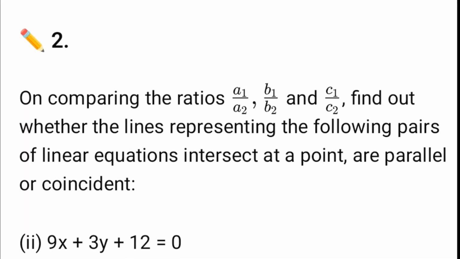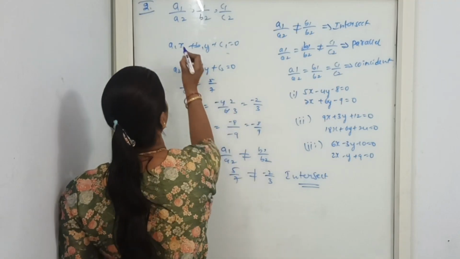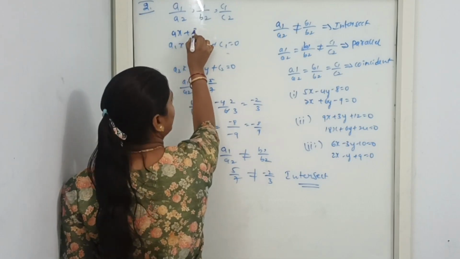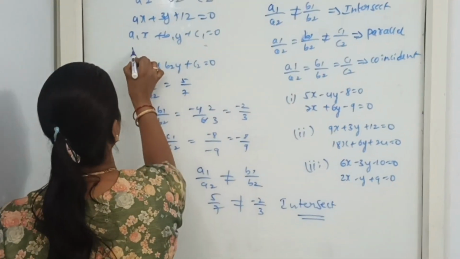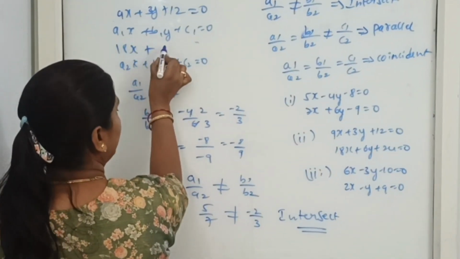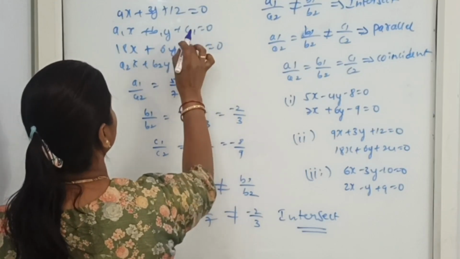The second one in this is 9x plus 3y plus 12 is equal to 0, 18x plus 6y plus 24 is equal to 0. One is 9x plus 3y plus 12 is equal to 0. 18x plus 6y plus 24 is equal to 0.